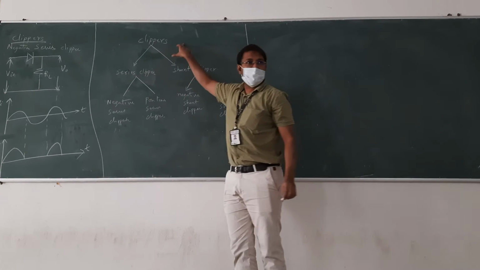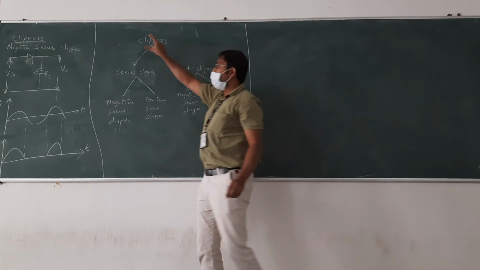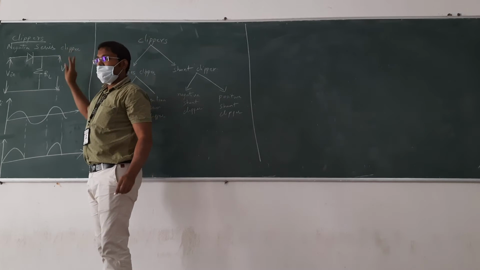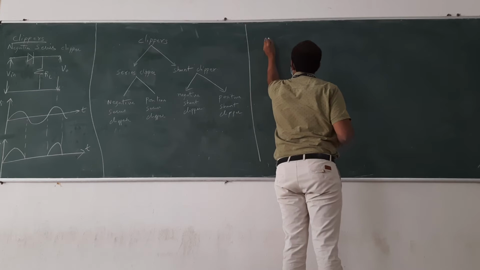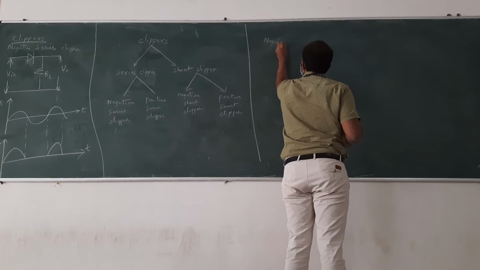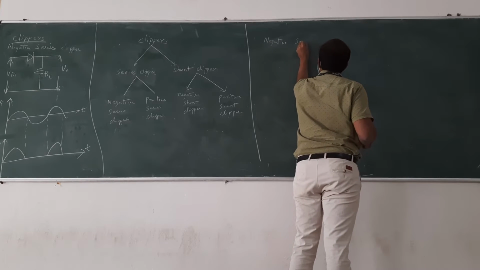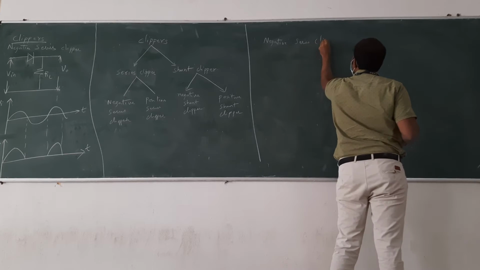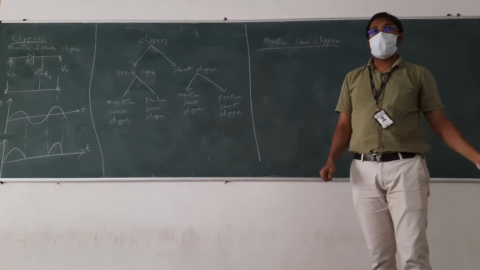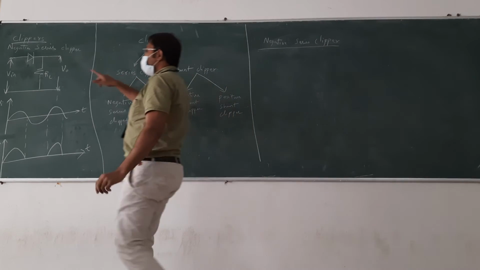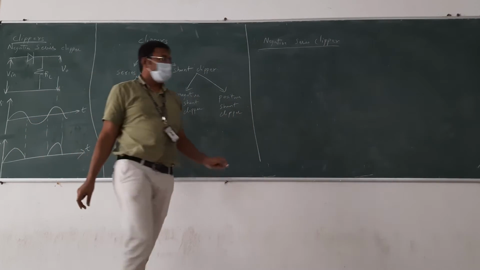This is general discussion. We are now going back to the negative series clipper. What is V0 in this case?